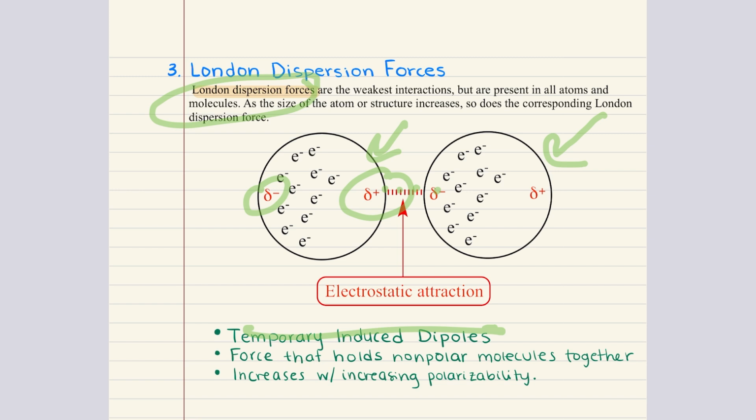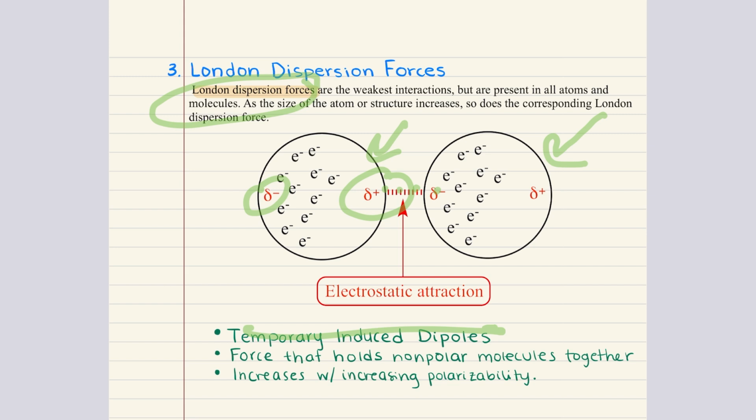So unlike dipole-dipole interactions, which occur between molecules that have permanent dipoles, London dispersion forces exist only due to the random movement of electrons, meaning their strength depends entirely on how easily the electron cloud can be distorted. This is a property called polarizability.